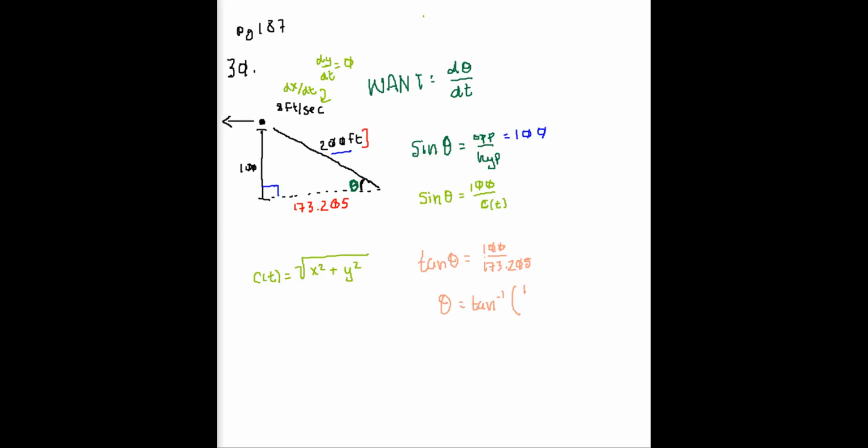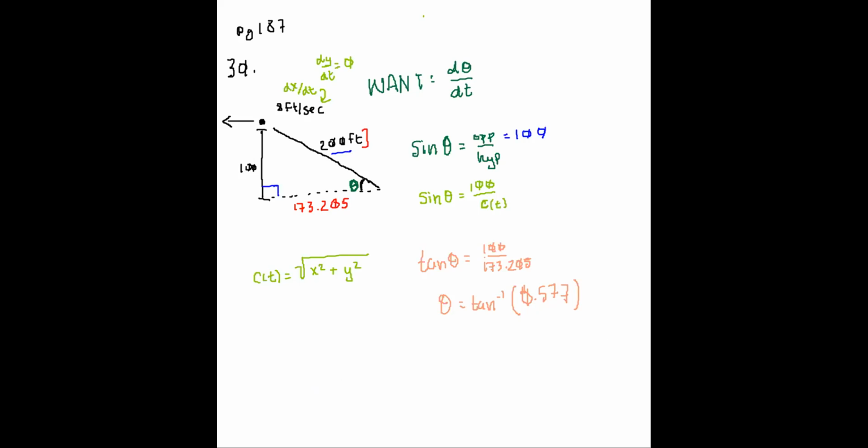Which is 0.577. What would happen then? This is a really good way of attempting to solve problems, is just to go ahead and try stuff. So we get what theta is equal to.